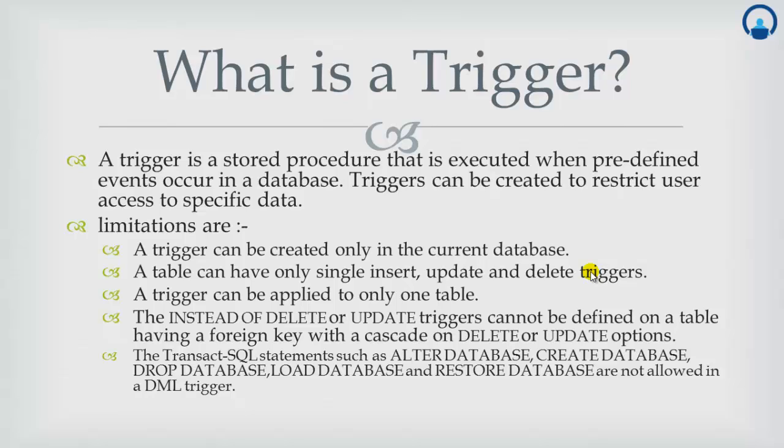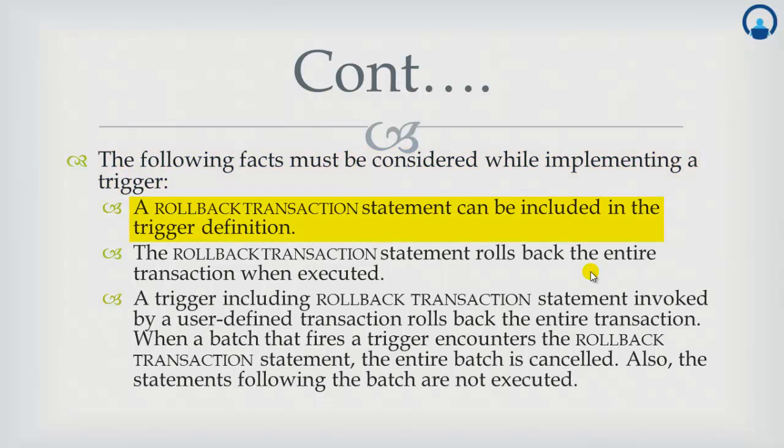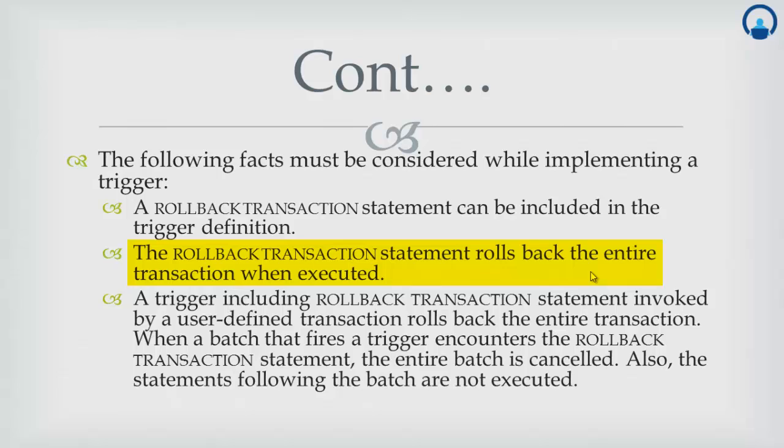SQL Server allows the transaction to be rolled back while the trigger is being executed. The following facts must be considered while implementing a trigger. A rollback transaction statement can be included in the trigger definition. The rollback transaction statement rolls back the entire transaction when executed.